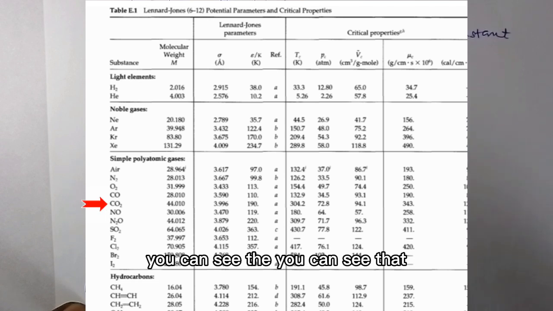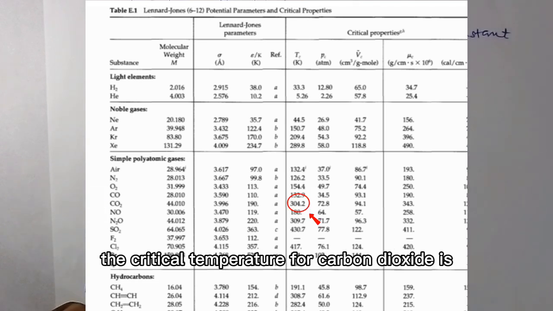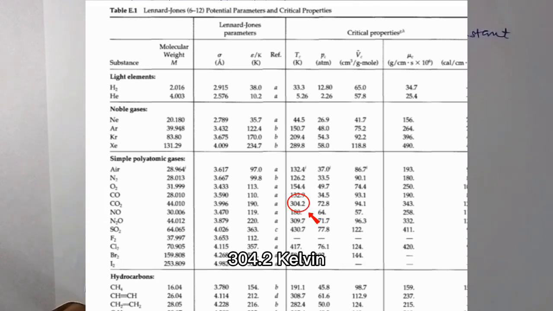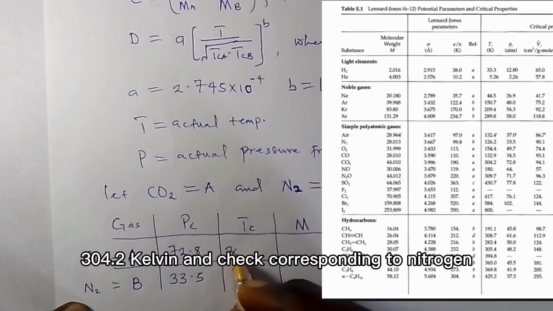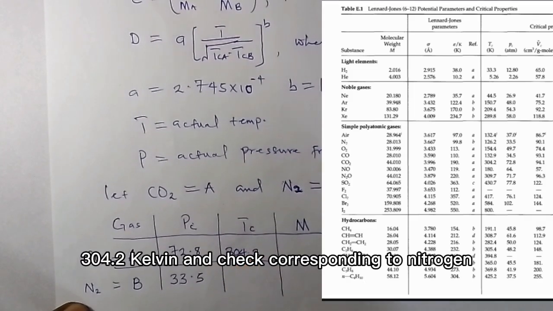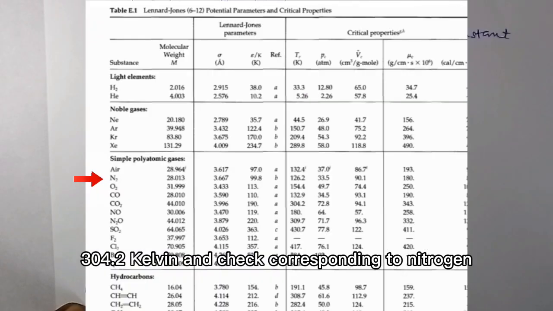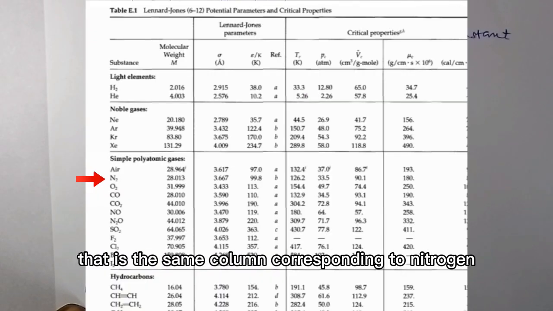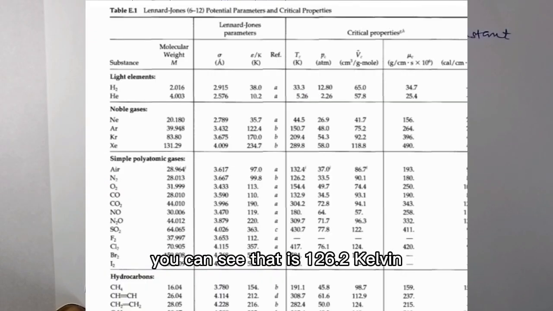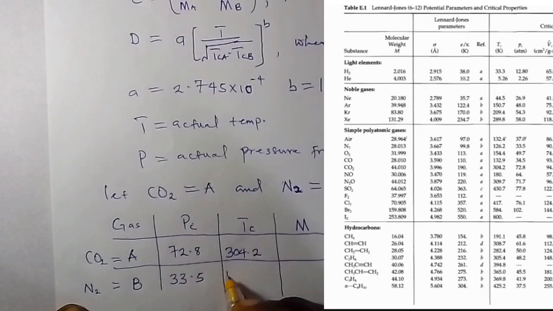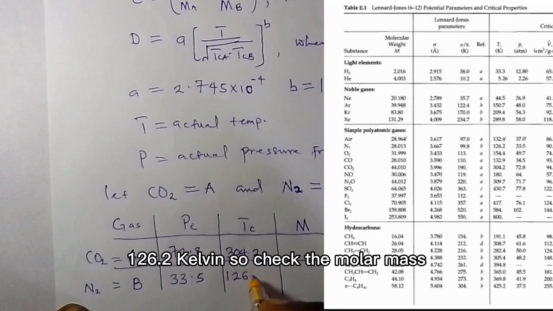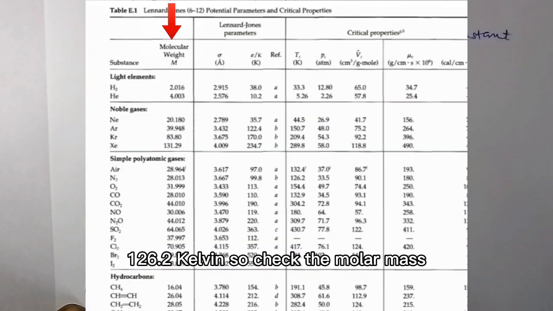You can see that the critical temperature for carbon dioxide is 304.2 Kelvin. And corresponding to nitrogen, you can see that is 126.2 Kelvin.